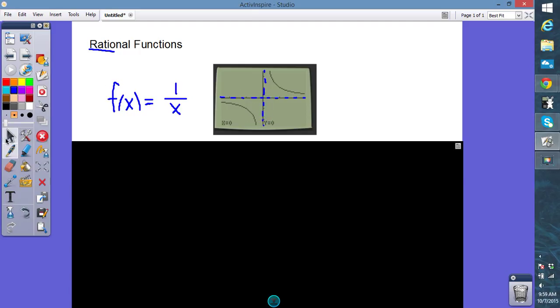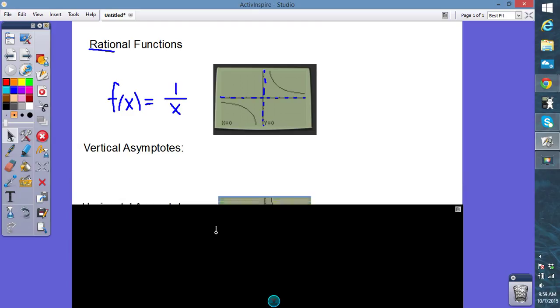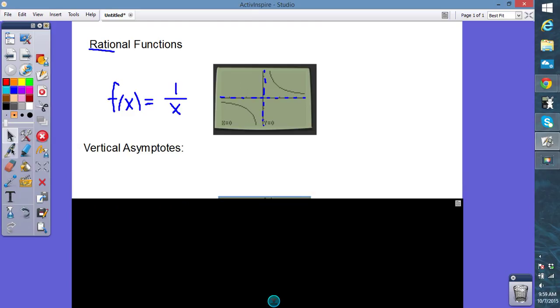Well, with all of these rational functions, finding the vertical asymptote is the easy part, because the rule's the same for each one. You're going to look at the denominator, and you're just trying to figure out when the denominator is equal to 0. I'm sorry, I don't write very well with a mouse. More specifically, what value of x makes the denominator 0?